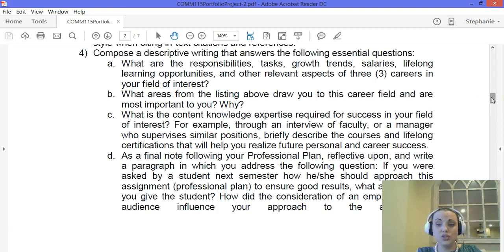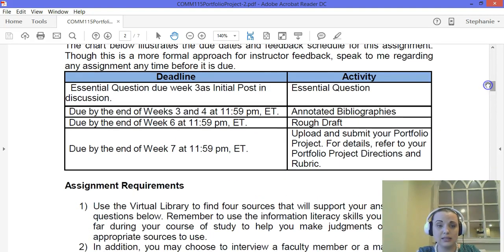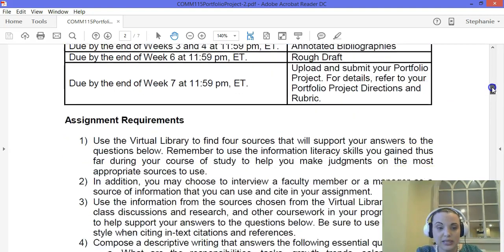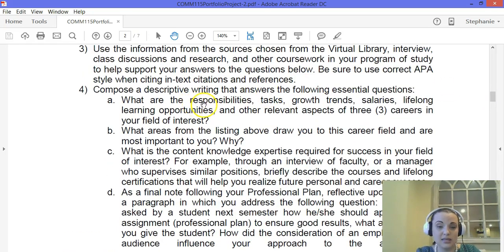To pause there for a minute, I want to go back up to the due dates. In week 3, we're submitting the annotated bibliography assignment. I keep getting a lot of questions saying, what am I researching? You're finding research on all of these things: the 3 careers that you've chosen to talk about in this paper, where you're persuading an employer.